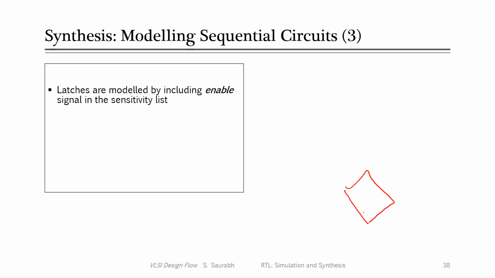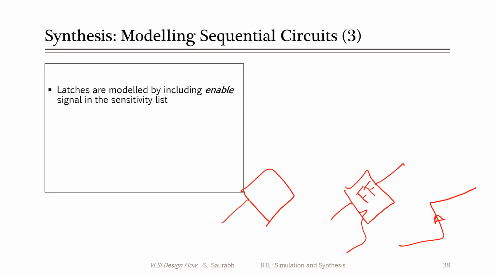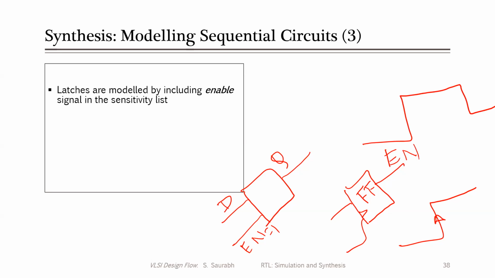Suppose you have a flip-flop. The output will change only when the clock edge occurs. And if you have a latch, then the output can change whenever enable is equal to 1. If you have Q and the enable signal is like this, then in this time, whenever enable is 1, if D is changing, your output will change within this time.